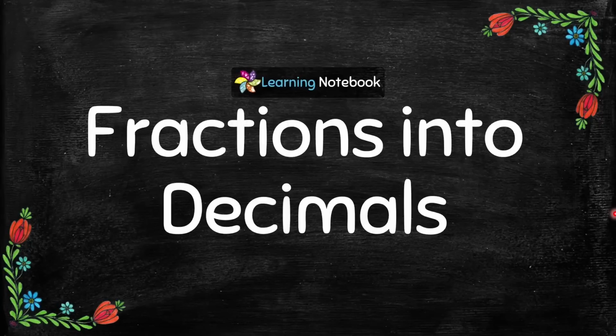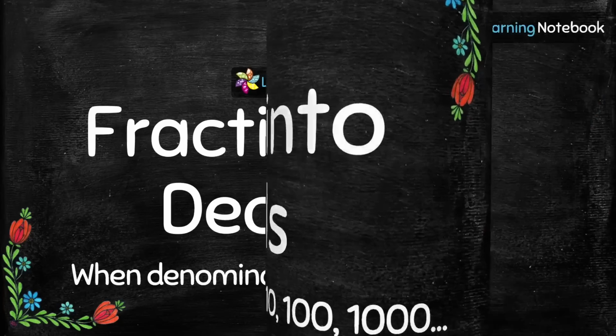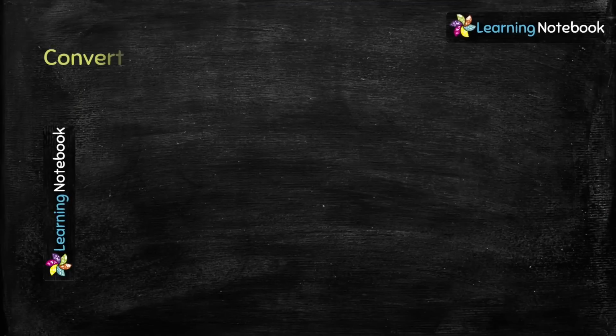Now we will learn how to convert fractions into decimals when denominator is not 10, 100 or 1000. Question is, convert 3 by 4 into decimal. Students, we know we can convert a fraction into decimal when denominator is 10, 100 or 1000.